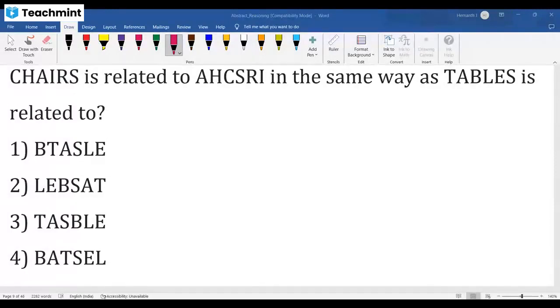Fourth one. Yeah. Are they putting it in alphabetical order? No. First two and three they swapped, next two and three they swapped. First two and three swapped gives BAT, that's available only in one option. No need to waste your time.